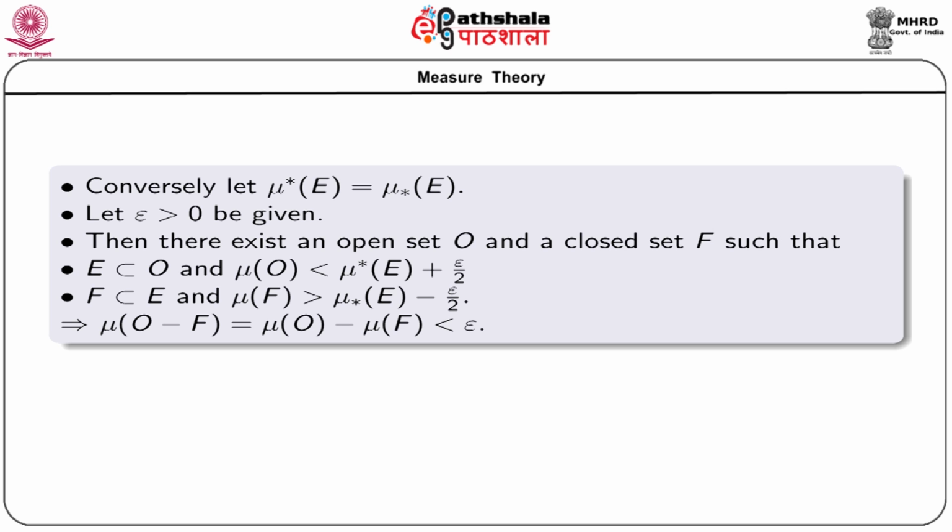So, we have mu of O minus F less than epsilon, but this is the characterization of measurability. So, we have shown that if for a set E with finite Lebesgue outer measure, the outer measure is equal to the inner measure, then it satisfies the equivalent criteria for measurability, and so E is Lebesgue measurable.